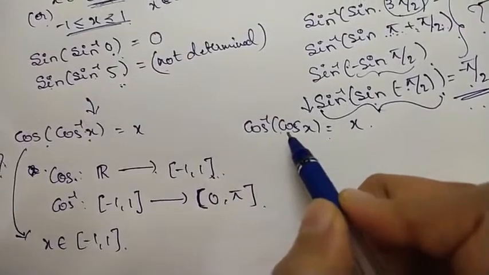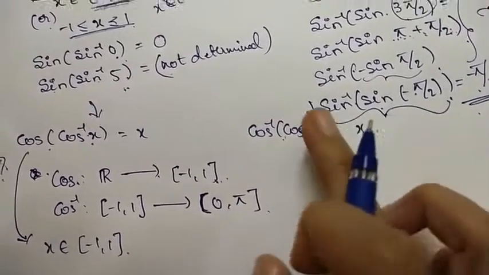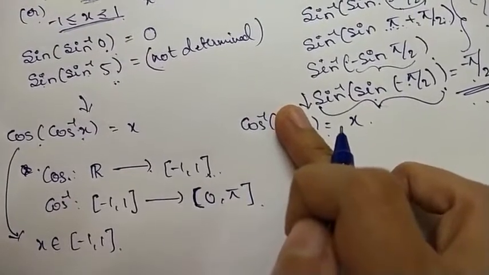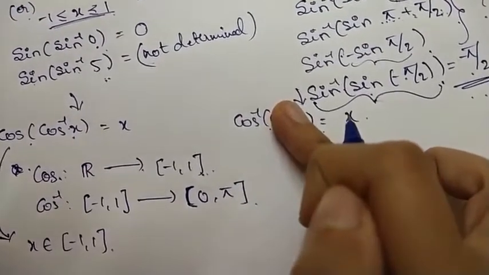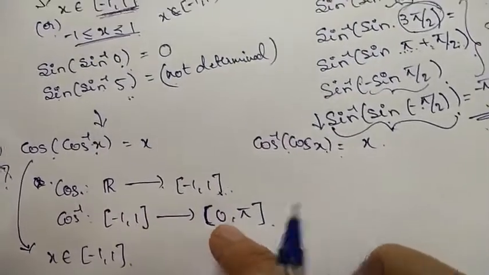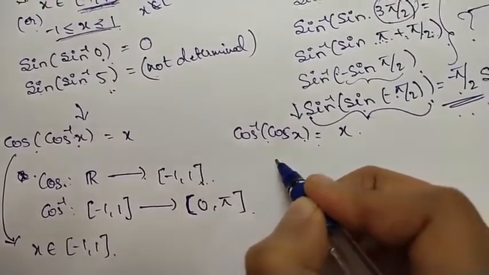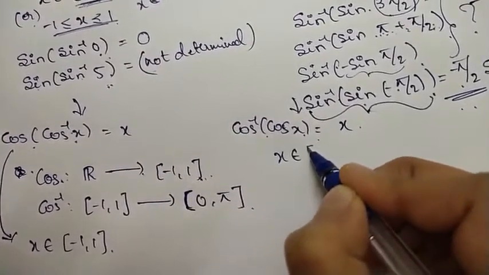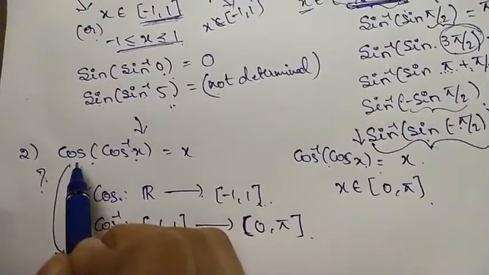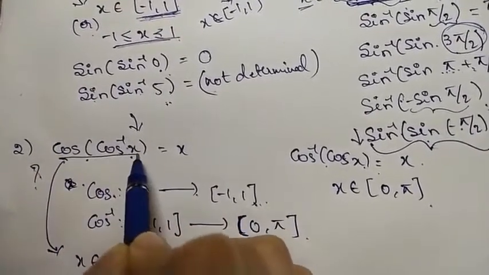Here again, cos inverse of cos x. If I take cos x as x, where does cos inverse of x lie? Cos inverse of x lies in the range of the cos inverse function, which is 0 to pi. So our x here belongs to 0 to pi.